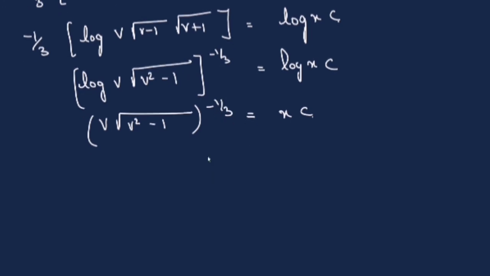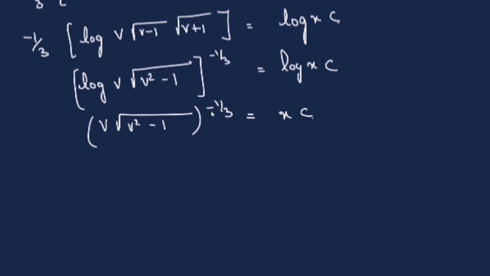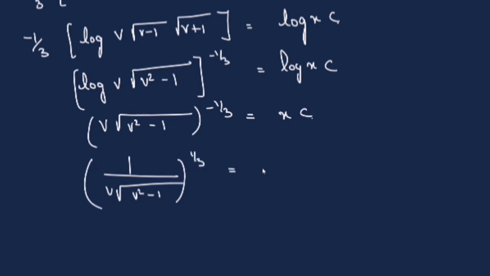Now you have minus 1 by 3 in the exponent, it's negative. So take the reciprocal, and the power will become positive. So 1 by v root of v square minus 1, the whole power 1 by 3, is equal to x into c. Now substitute for v.